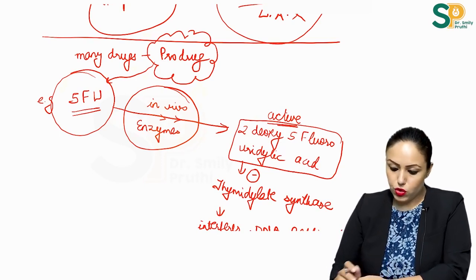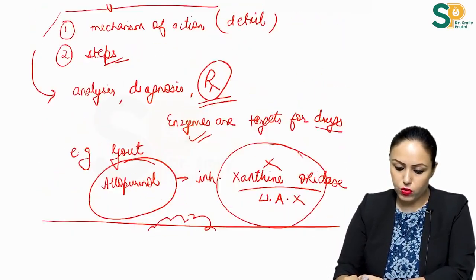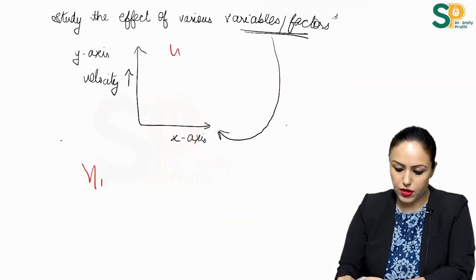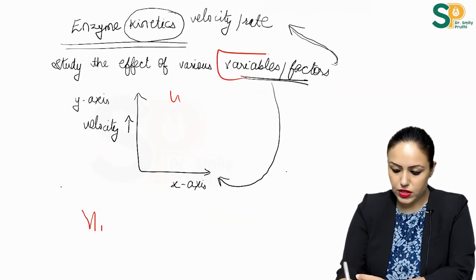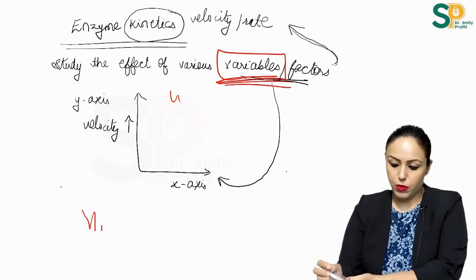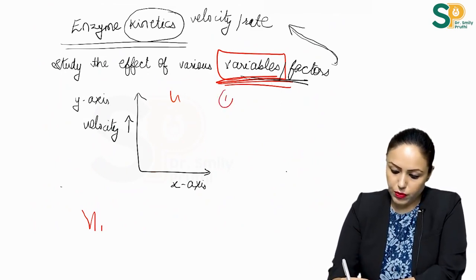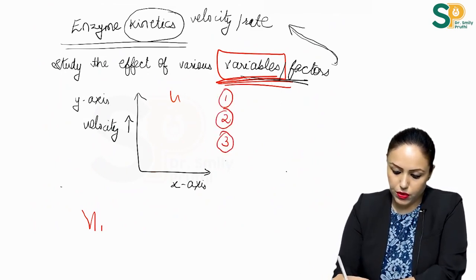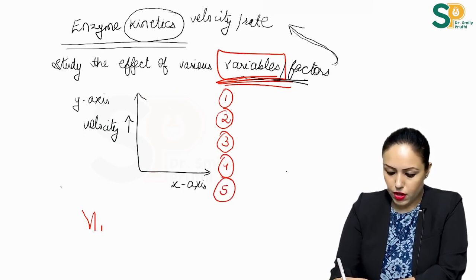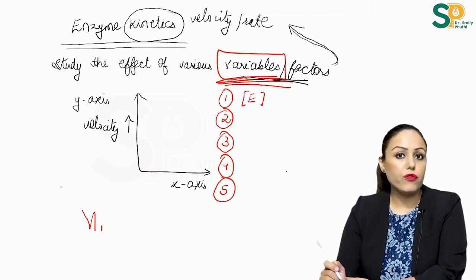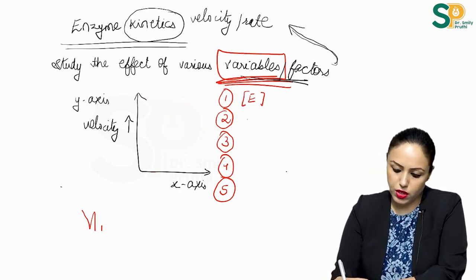Okay. So now I was telling you that in enzyme kinetics, we study the variables. So we will be taking 5 variables one by one. Which variables? First, we will be taking is enzyme concentration, the effect of enzyme concentration on the velocity.